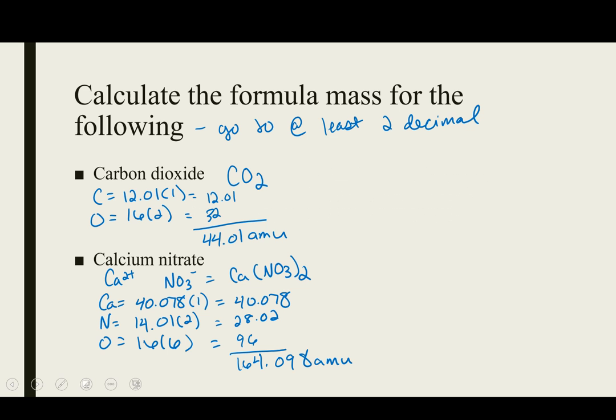So if I come back to this slide for a second, if my formula mass is 44.01 AMU for carbon dioxide, my molar mass is 44.01 grams per mole. And what that means, if you remember from last chapter, is that 1 mole of carbon dioxide would have a mass of 44.01 grams.